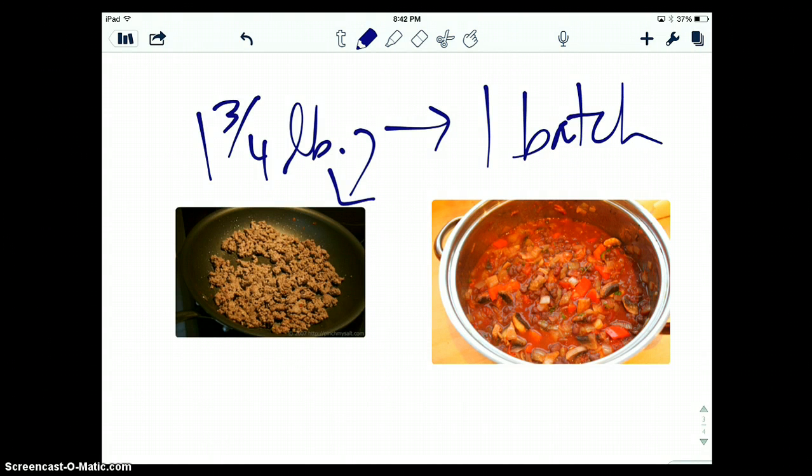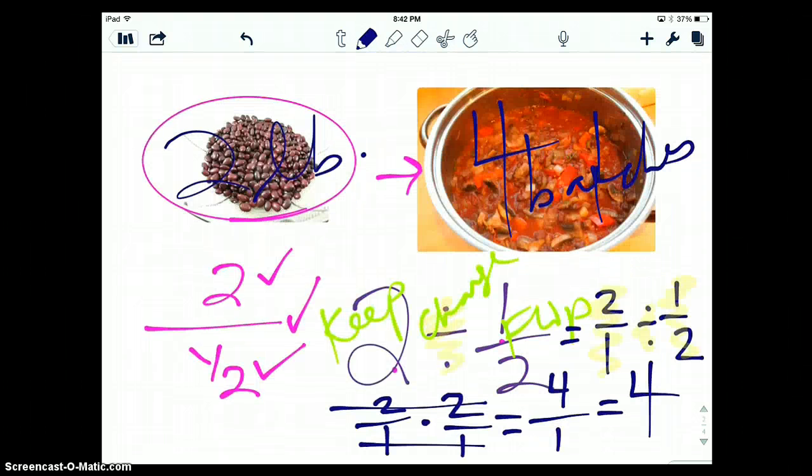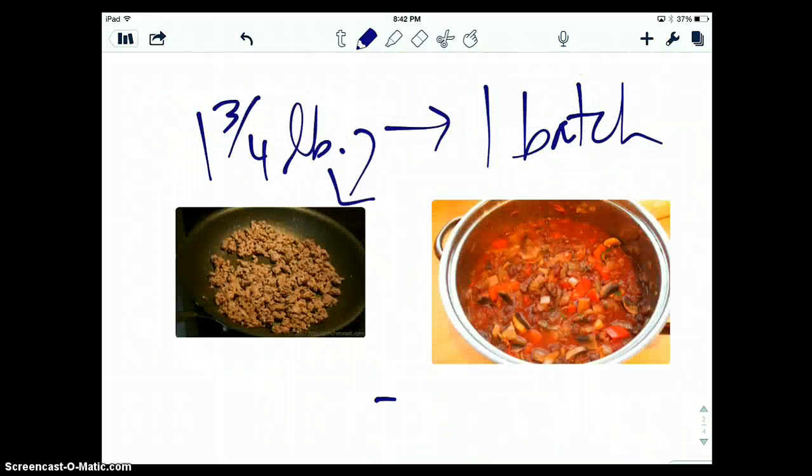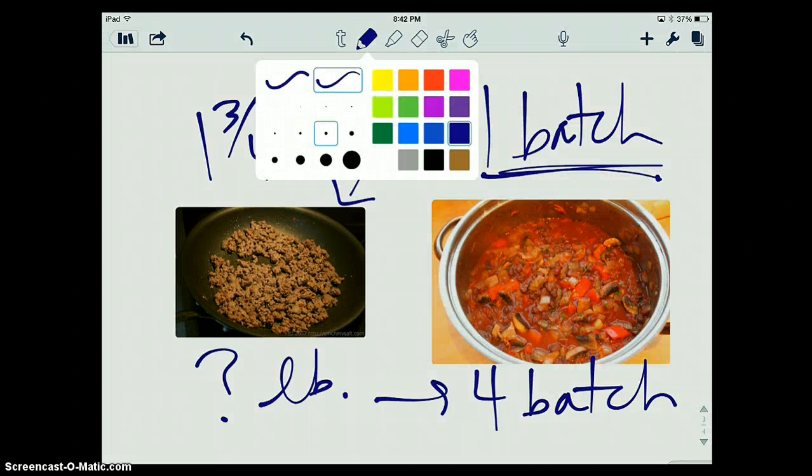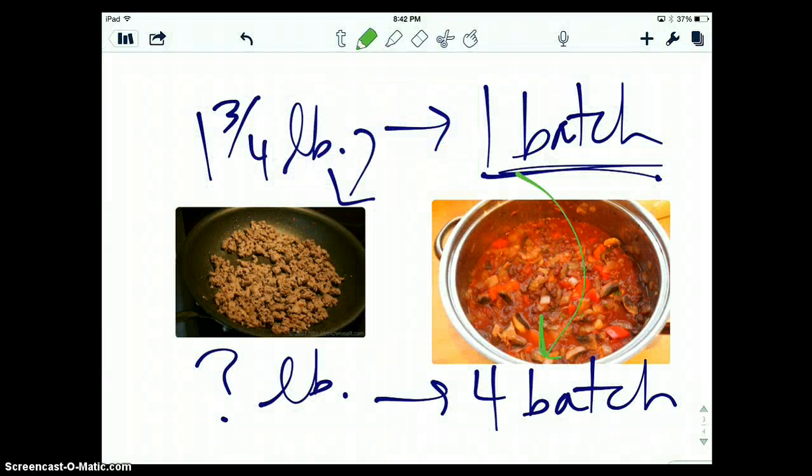How many batches? Because it said we need to make the same amount of batches as part A. Well, in part A, we figured out we could make 4 batches of chili. So I'm going to figure out 4 batches of chili is how many pounds of ground beef. So I know it should be more than 1 3/4 pounds because that only makes 1 batch. So how did I get from 1 batch to 4 batches?